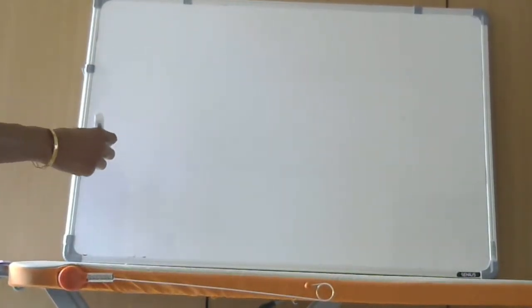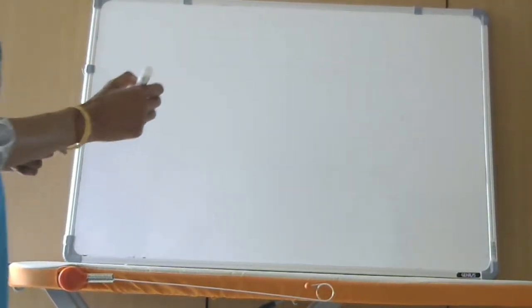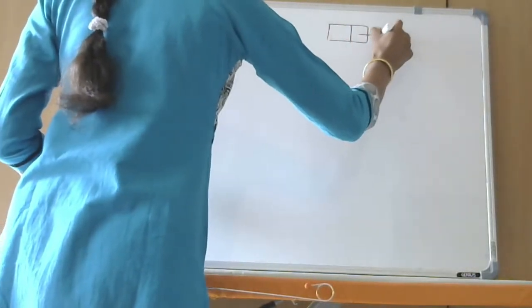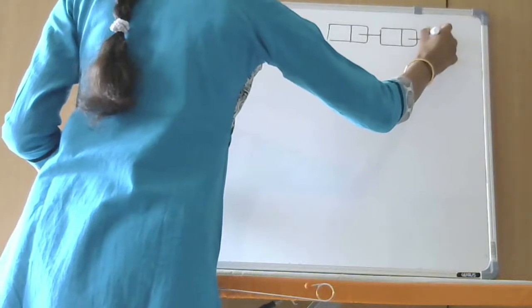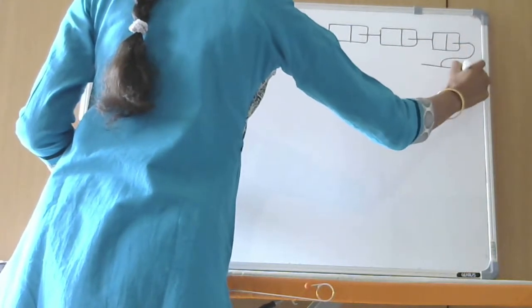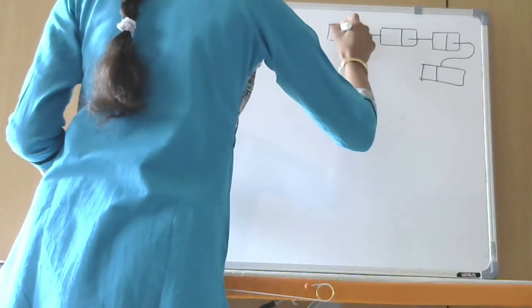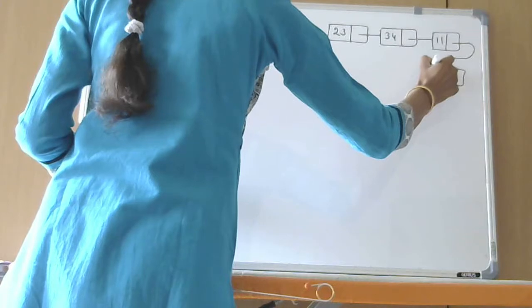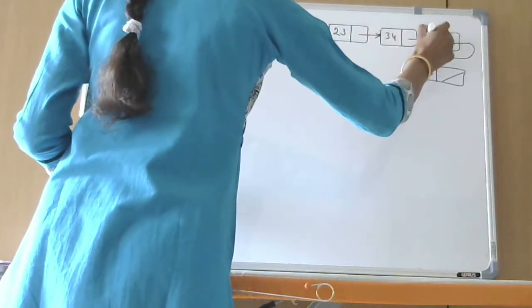So after that part of the code, let us see how we can consider. Let me take a small example of my linked list. This is the linked list that I am having.